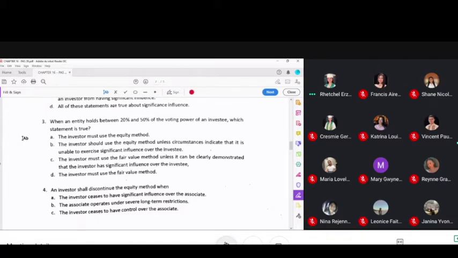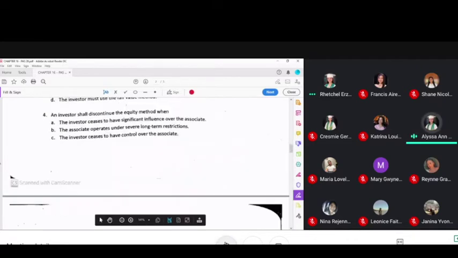C. The investor must use fair value method unless it can be clearly demonstrated that the investor has significant influence over the investee, or D, the investor must use the fair value method. Our answer, sir, is B, since the standard requires the investor to apply the equity method. Okay, that's correct. Bravo.